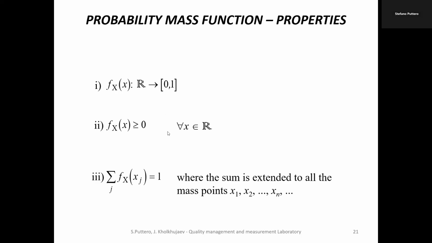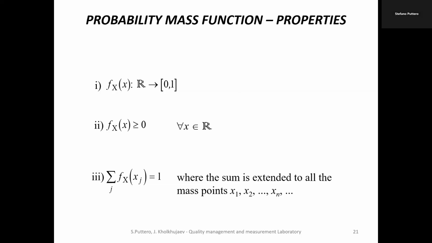The second property is that the probability mass function is always greater or equal than 0 for every mass point.